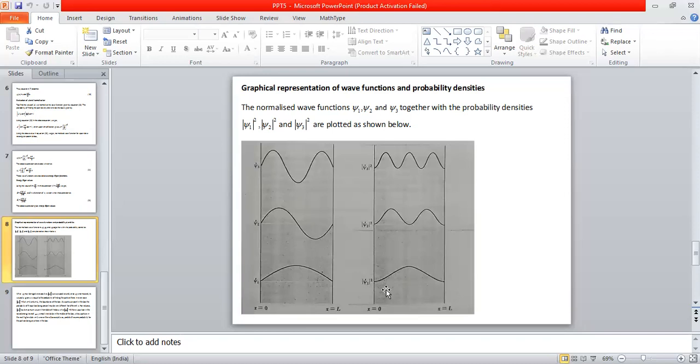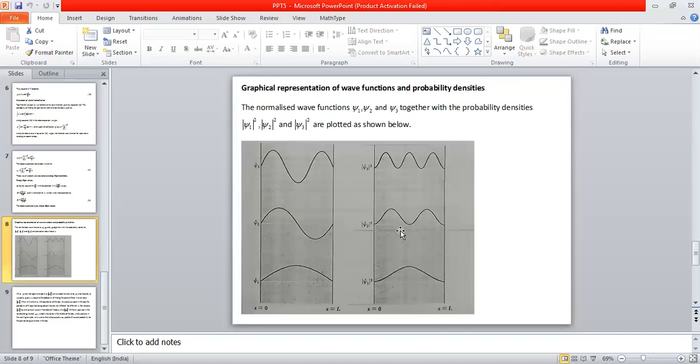Nodes are the points where the probability of finding the particle is 0. We cannot find the particle at the two extremes, so we have two nodes, one at x is equal to 0 and another at x is equal to L. And we have one antinode exactly at the halfway, where the probability is maximum. This whole discussion is applicable for the n is equal to 1 case.